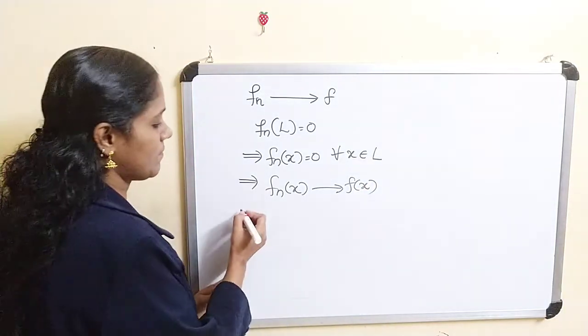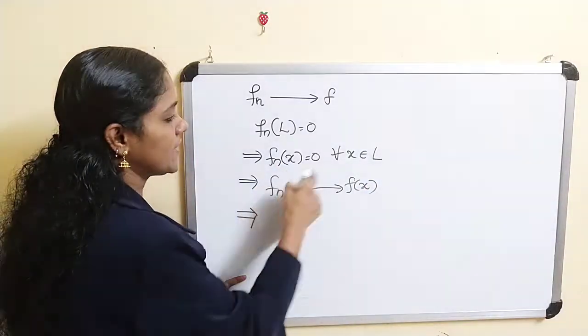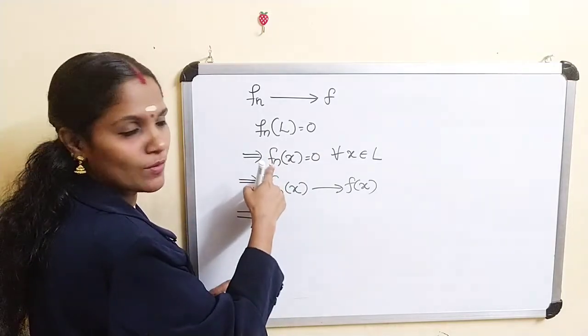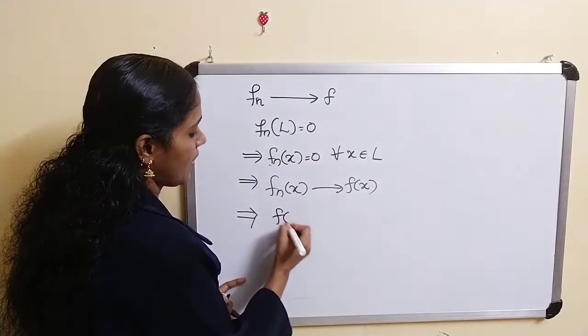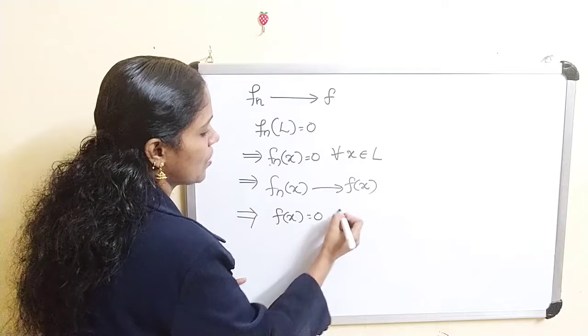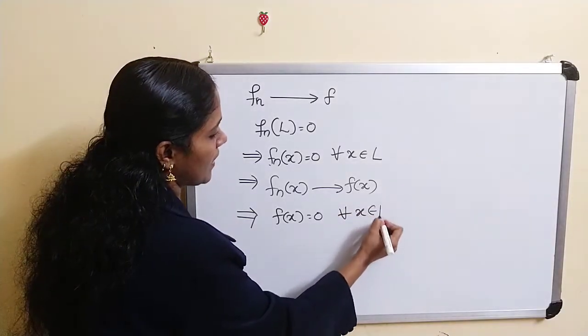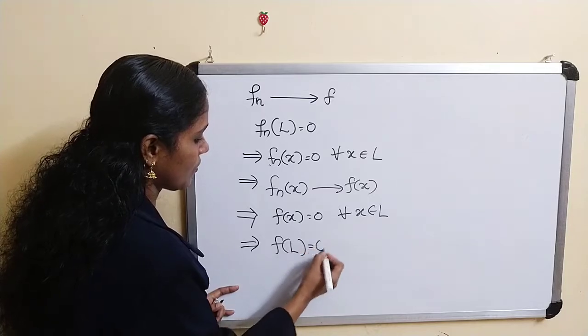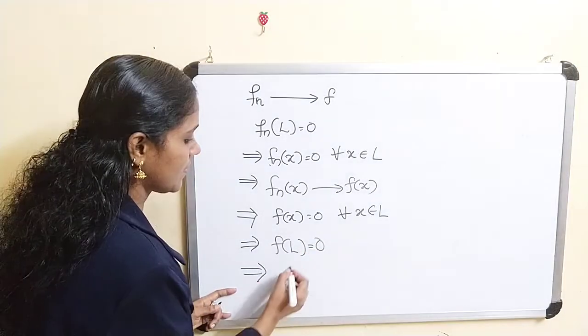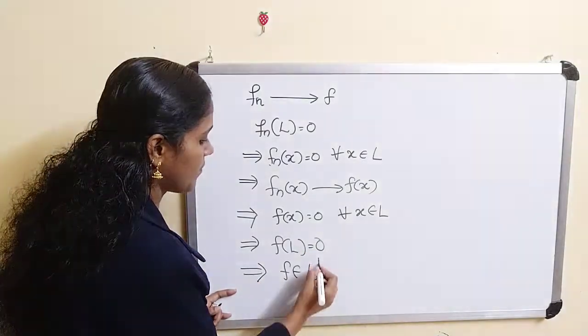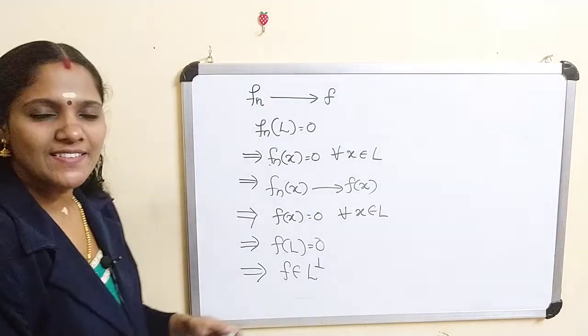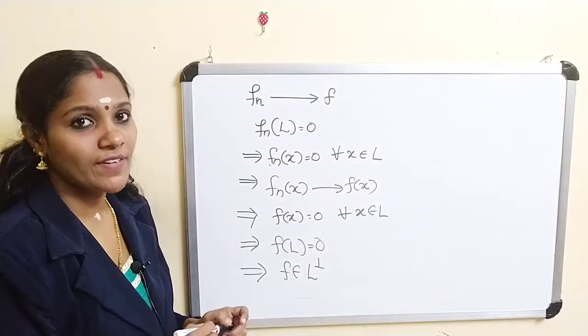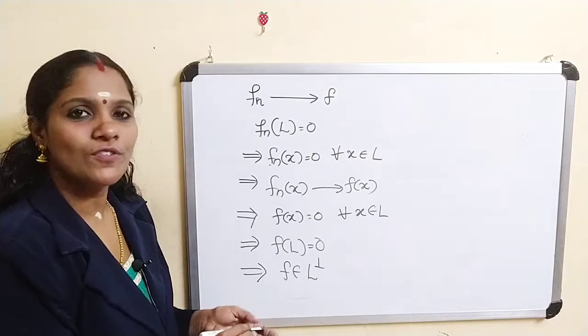This implies each term equal to 0. This implies f of x equal to 0 for every x belongs to L. This implies f of L equal to 0. This implies f belongs to L perp. Therefore, if Fn is a sequence in L perp such that Fn converges to F, then F also belongs to L perp.